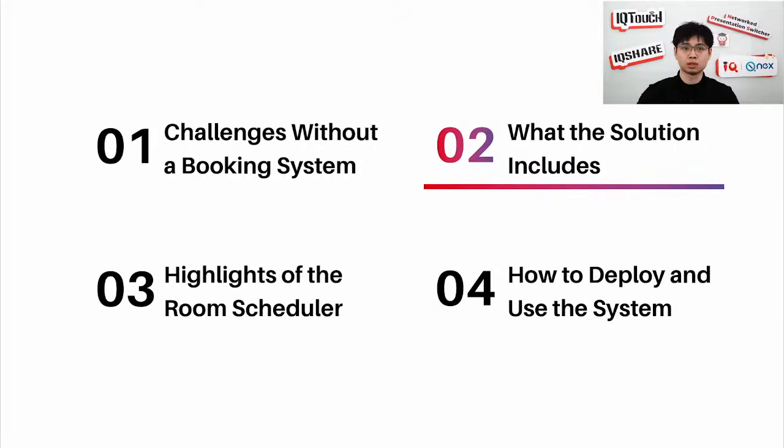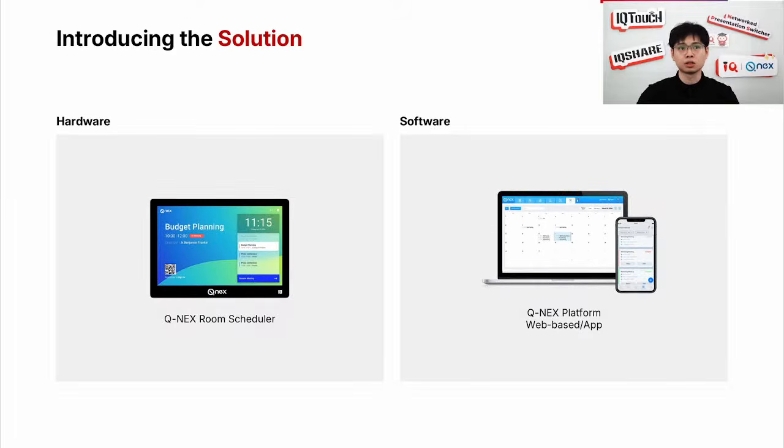So let's go to the second part, what this solution includes. The Q-NEX meeting room booking solution consists of 2 main components, hardware and software. First, the hardware component is the room scheduler. The room scheduler is a smart meeting room scheduling panel that is installed outside the meeting room. It provides real-time room status information and allows users to quickly view schedules or book a meeting.